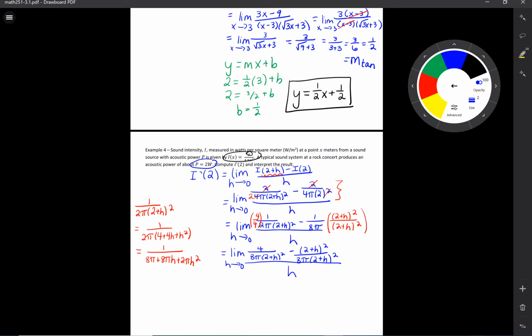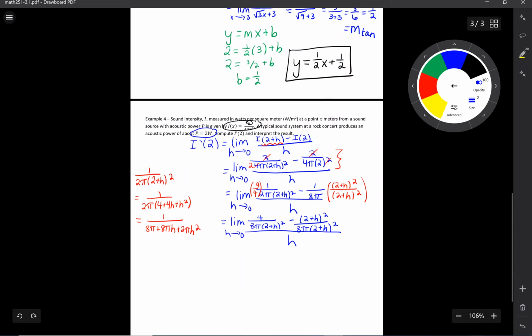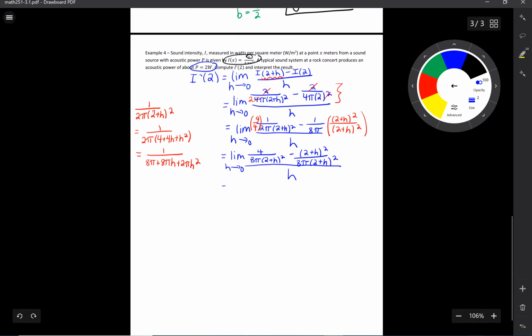Now I can combine these two factors in the top now that I have a common denominator. So that's what I'm going to do. This will become the limit as h goes to 0. Combining these two in the top gives me 4 minus (2 plus h) squared over 8 pi times (2 plus h) squared. All of this over h.